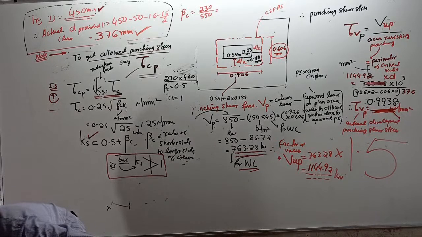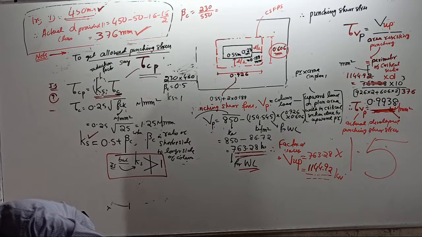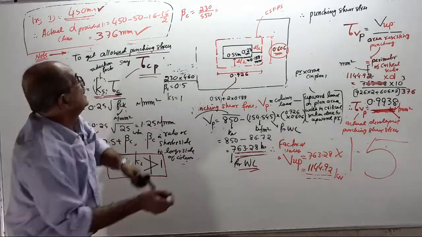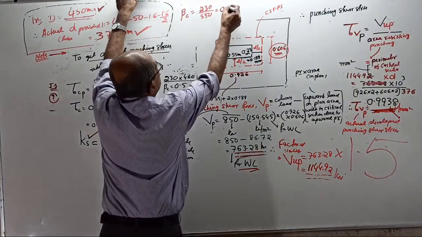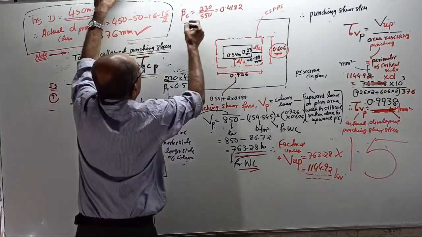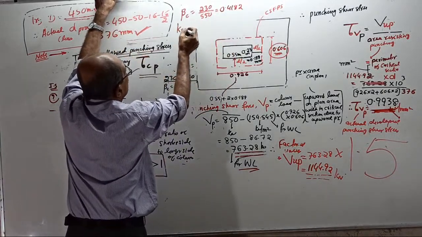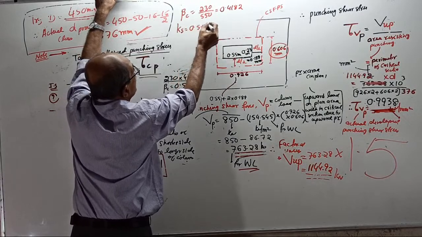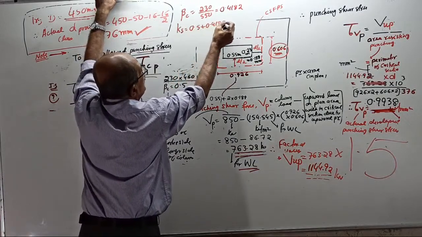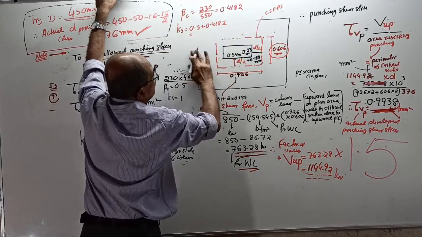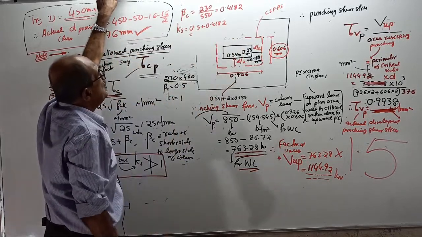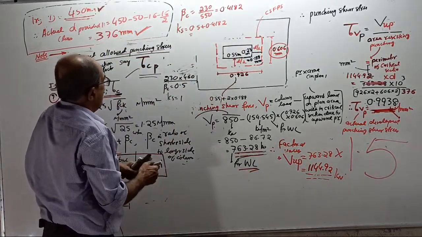It is 0.4182. Therefore, Ks for our case is 0.5 plus 0.4182.